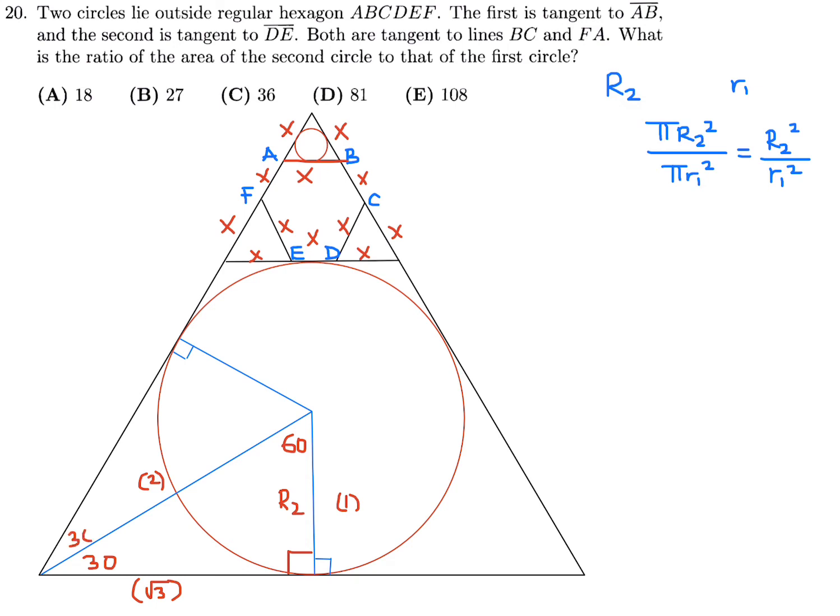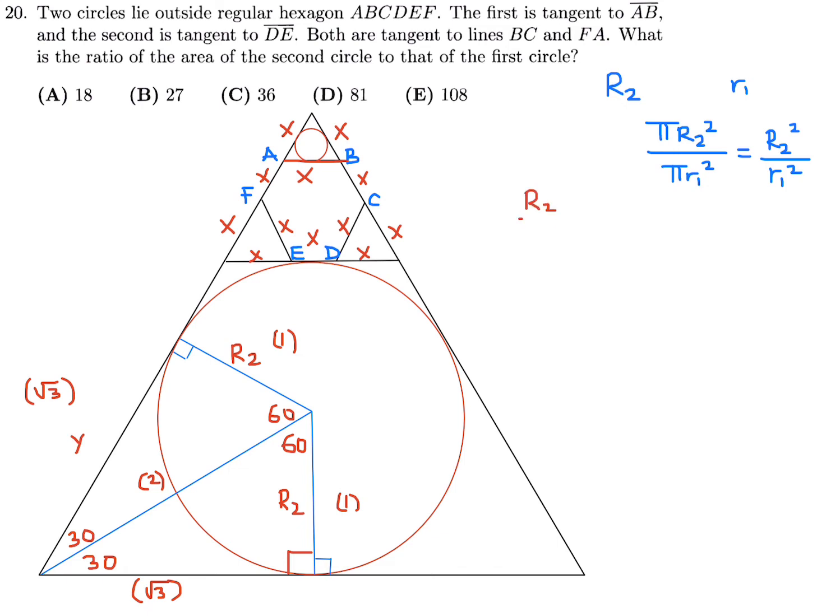Or you can do the exact same thing on this triangle. This is going to be 30, this is going to be 60, and this is 90. And this is R2. So same thing. You can figure out the distance from there to there in terms of R2, since the ratio of the sides are 1, 2, and root 3. So let's do that. Let's call this side, whatever you want to call it, Y, and we'll figure out the ratio.